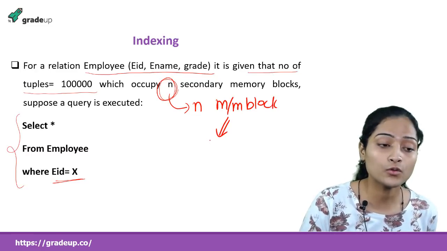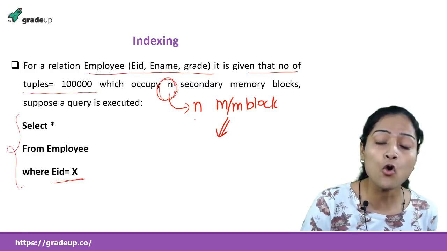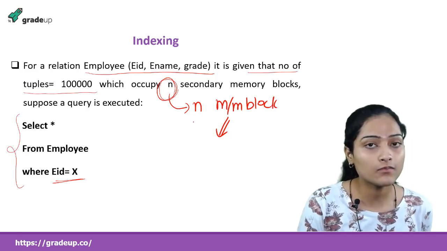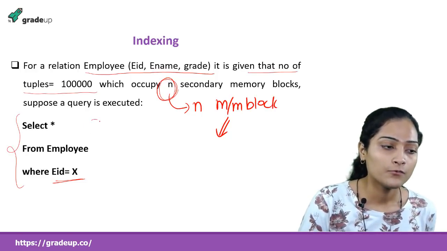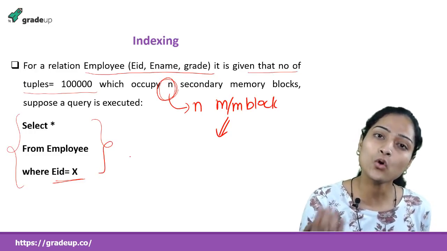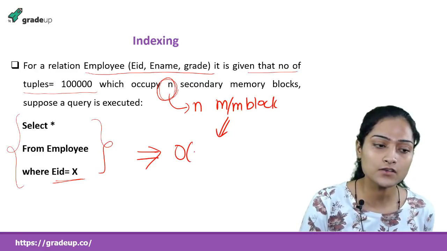This would be very time consuming and the cost will be very high. For accessing a single tuple, you have to bring the whole data. Then the time it will take is order of n.